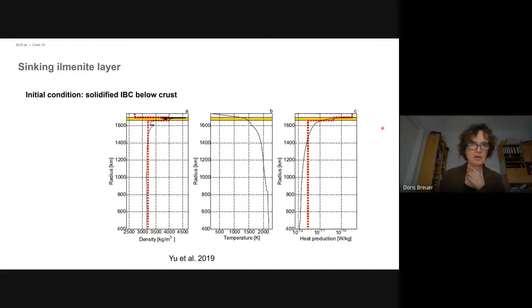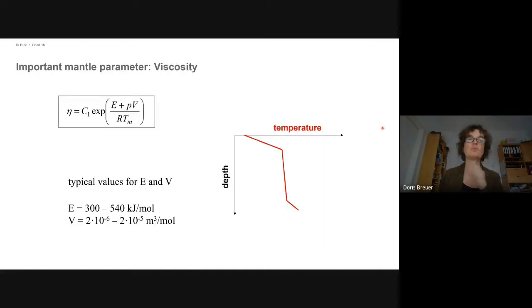But before I talk about how the process of this mixing and sinking of the IBC layer works, I want to show you one important parameter, the mantle viscosity, which can be described by an Arrhenius law, which is given here. Important parameters are the activation energy and the activation volume. Here the values are listed.